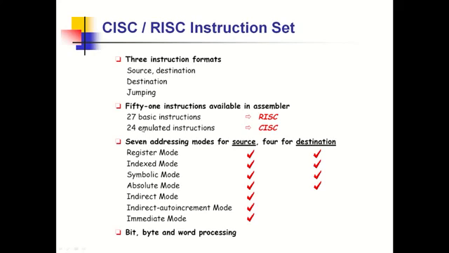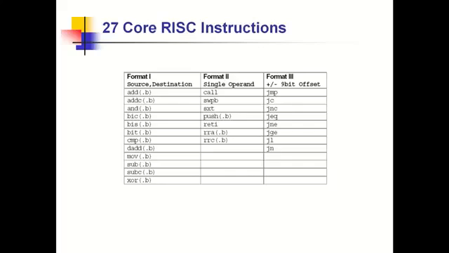There are some emulated instructions generally used by assemblers. Though the actual instructions are 27, these 24 emulated instructions are equivalent to the existing basic instructions. Even if you execute an emulated instruction, in turn it will be converted into basic instructions by the assembler.